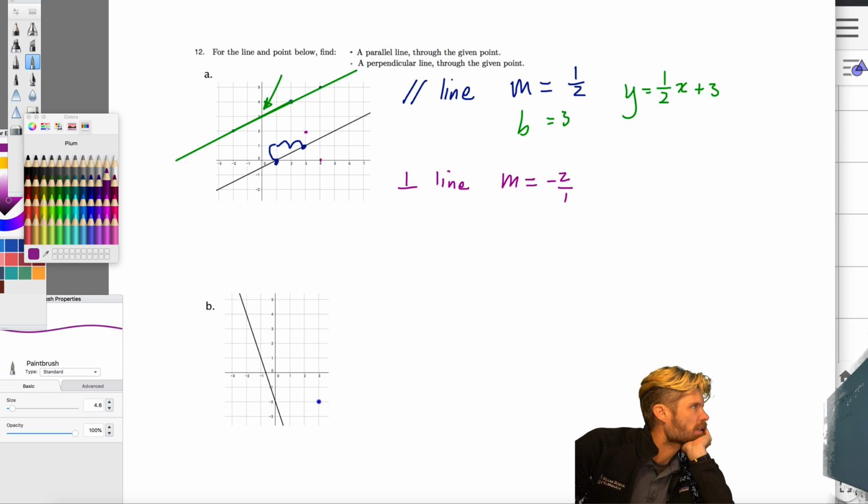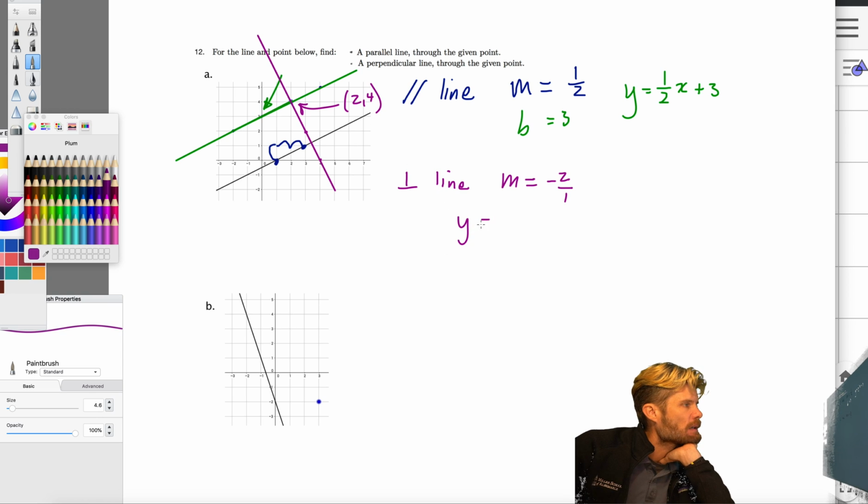But we're going to see that the way I drew this graph here, it goes off the graph. So we don't know where it intersects unless we extend it, or we take this point right here, which is 2, 4, and we just put it into y equals mx plus b.